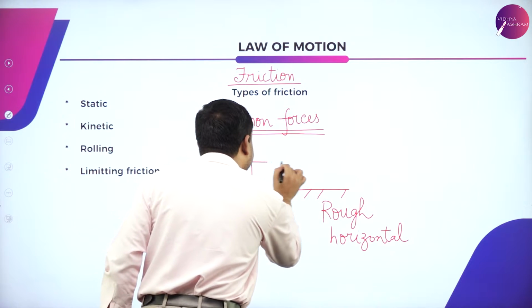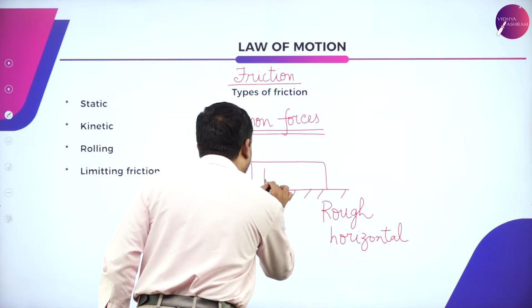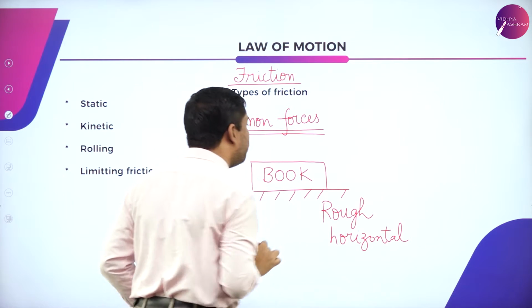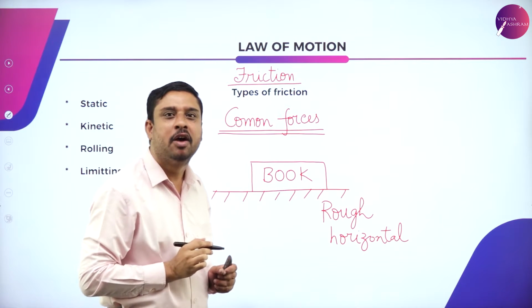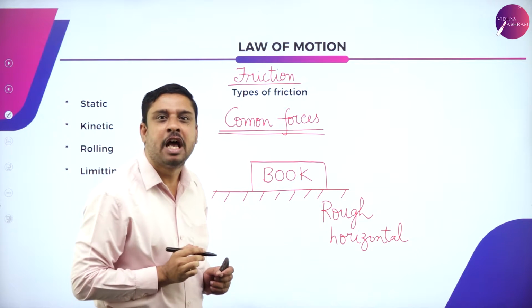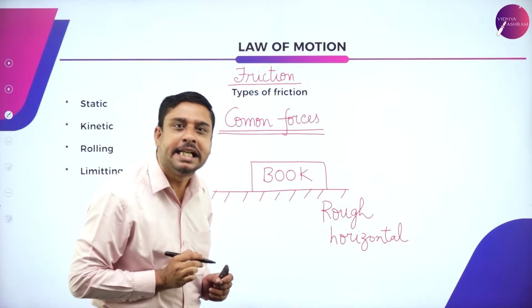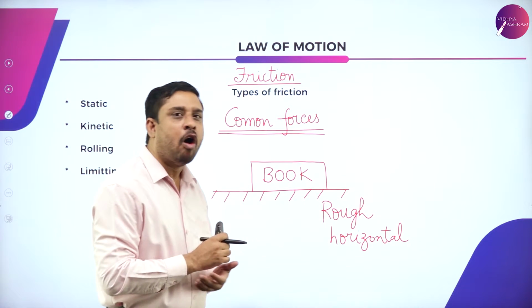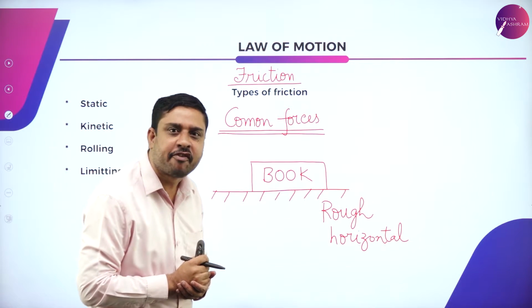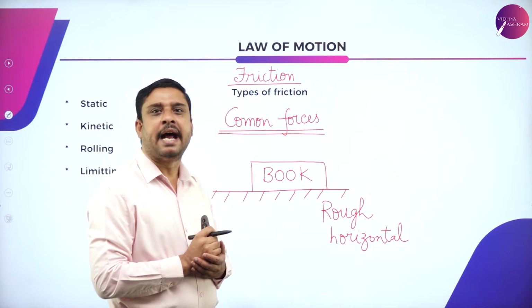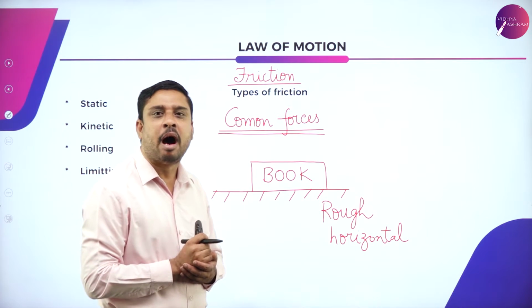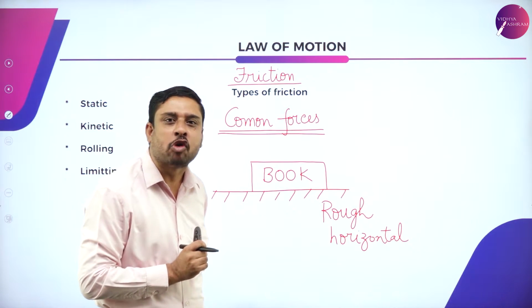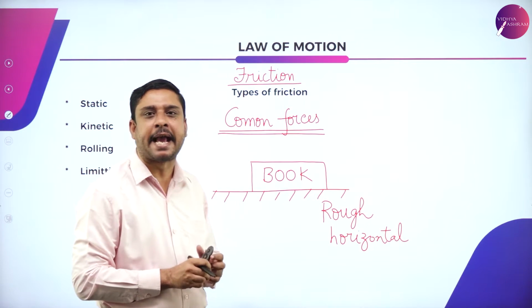And I place an object, for example, a book, on the rough horizontal surface.